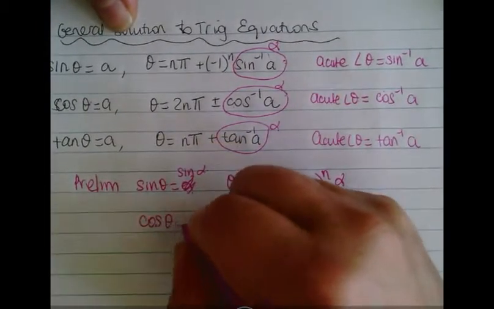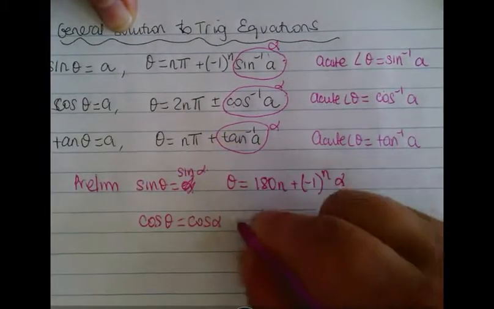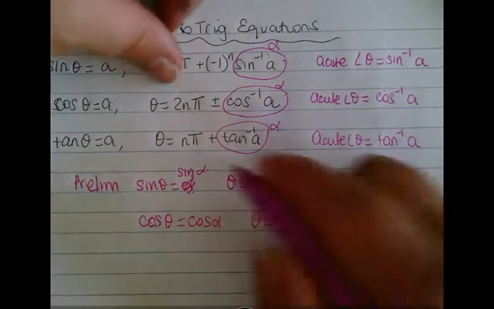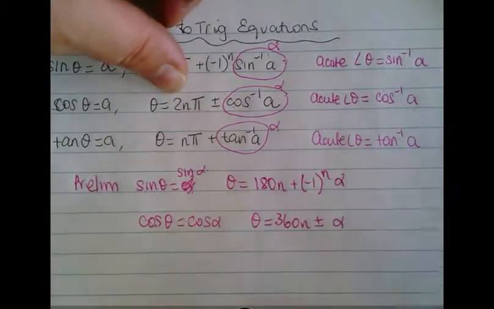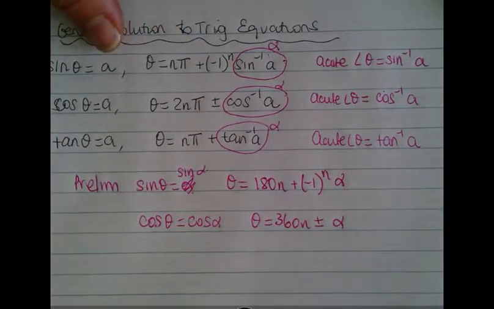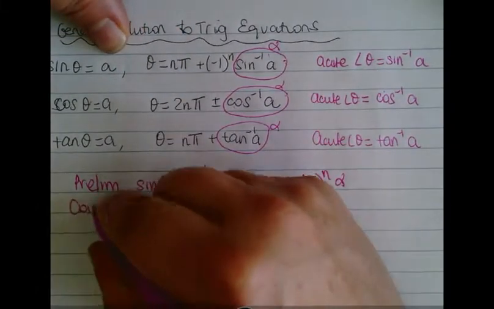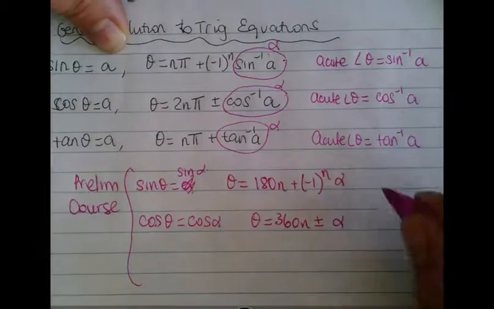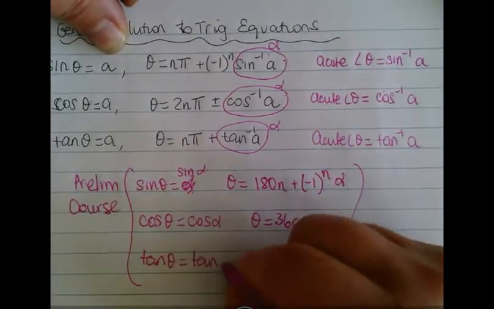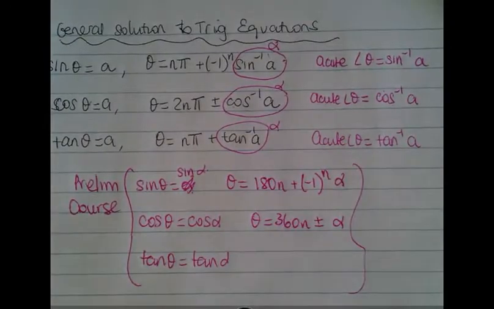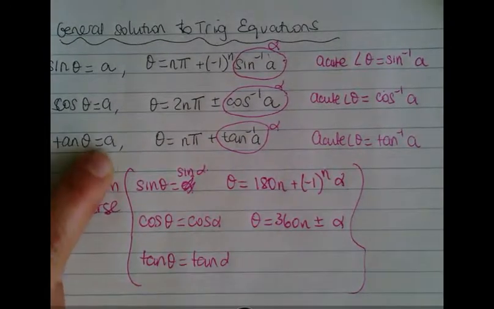Then it was if cos theta equals cos alpha, then theta is, now 2 pi n is 360n, plus or minus alpha. That's how you encountered this in the prelim course. And if tan theta is tan alpha, but it's not written on the formula sheet like that. It's if tan theta is A. That's how they write it now.